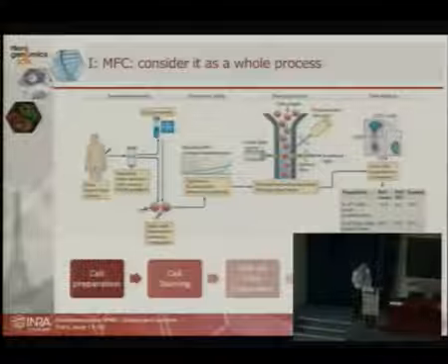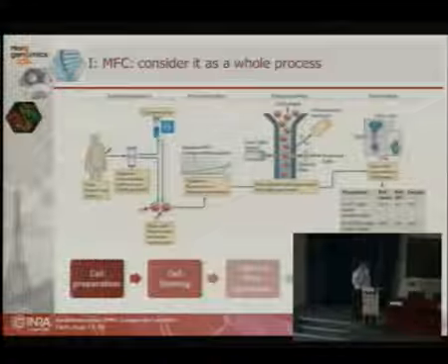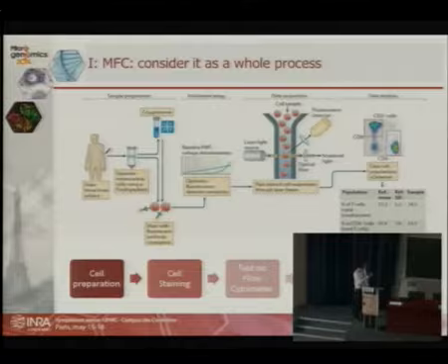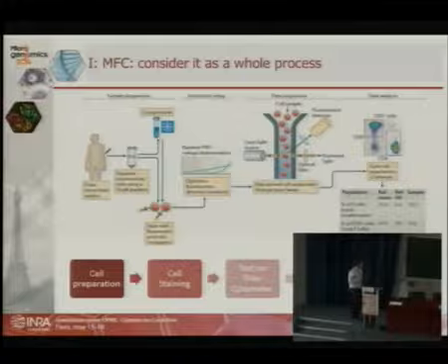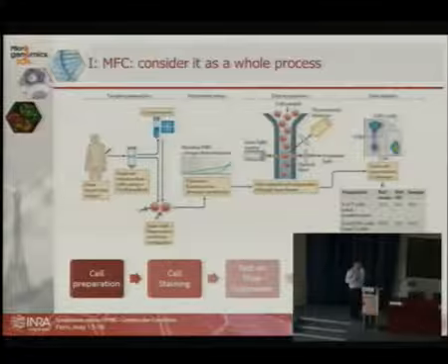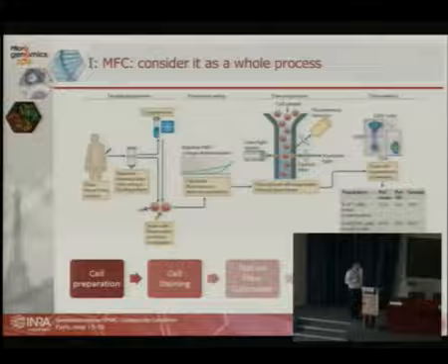One of the main take-home messages I would like to give you today is that you should consider flow cytometry not only at this part here. It's really the whole part. It's the whole experimental design that is crucial to ensure good quality data. Because as Mark mentioned, depending on the type of enzyme you use to isolate your cells, you might cleave some markers, and you can increase contamination of your cell subset.